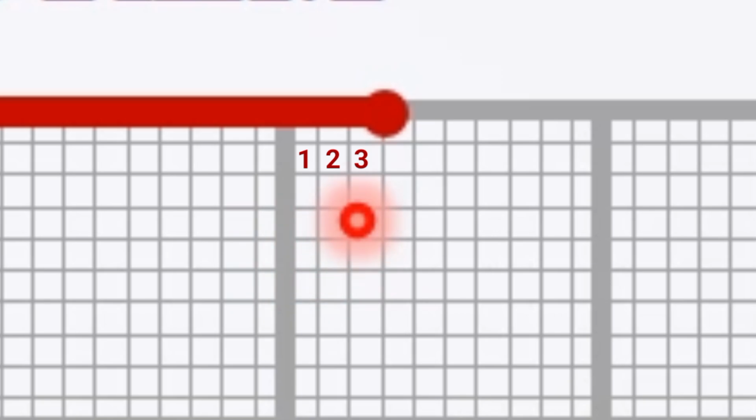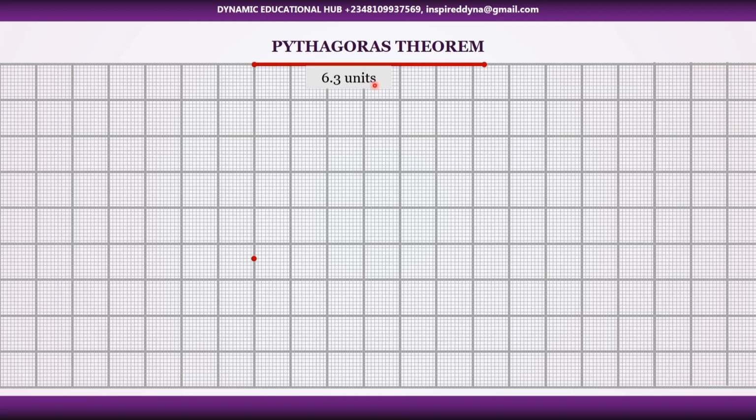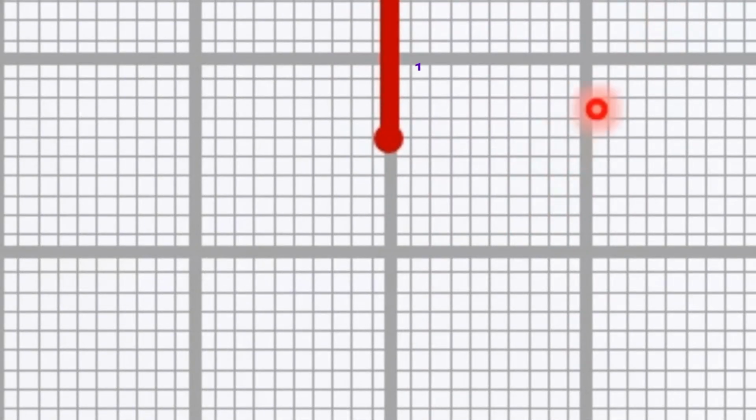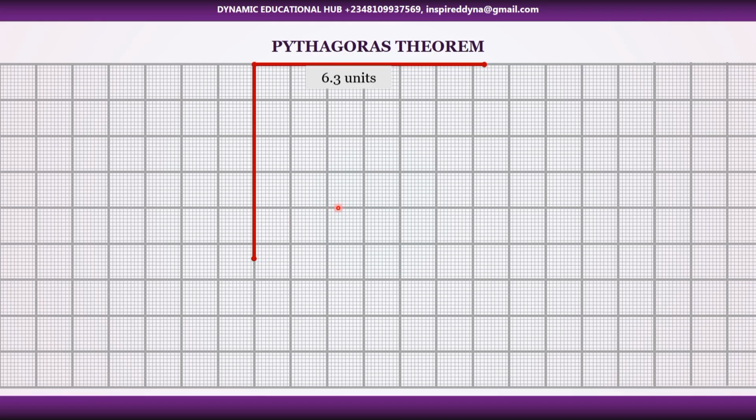So that is 3 here. So we have 6.3 units. For this one, let's see how to count it to fix the length. We have 1, 2, 3, 4, 5. Let's count the subdivision. We have 1, 2, 3, 4. So we have 5.4 units.